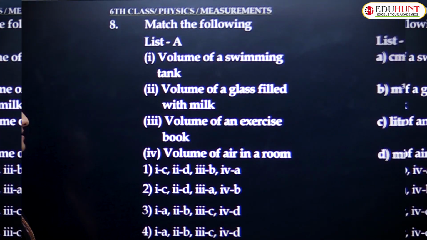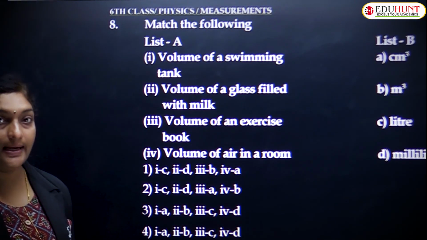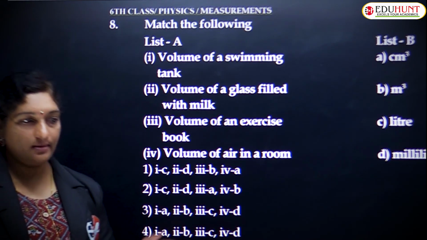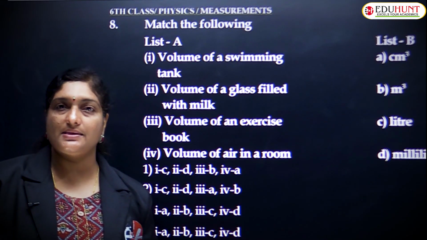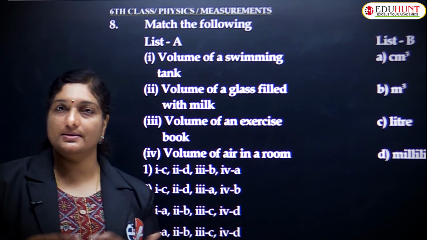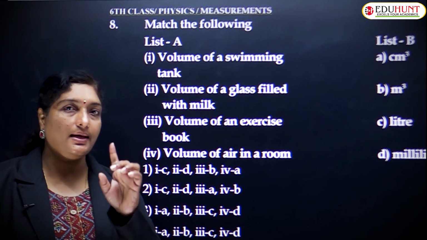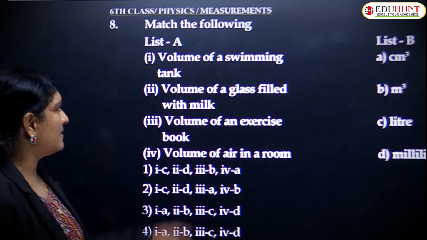Okay, match the following. Interesting question. I already told you that liquids are generally measured in liters, whereas solid or gaseous substances are measured in meter cube or centimeter cube and so on. Only liquids are generally measured in liters. So based on that, let us try to understand this.